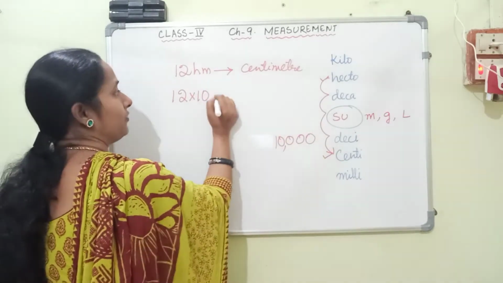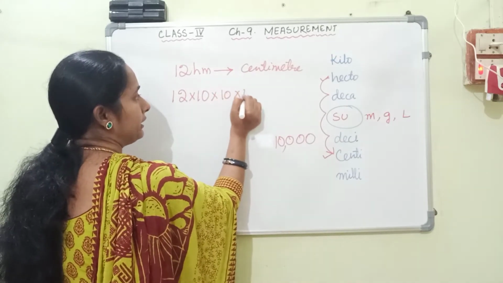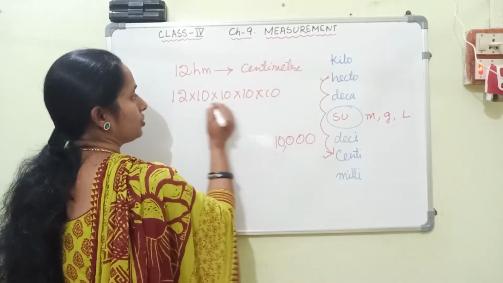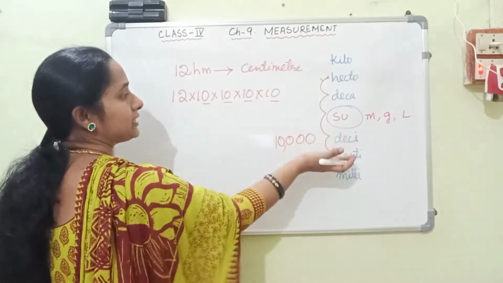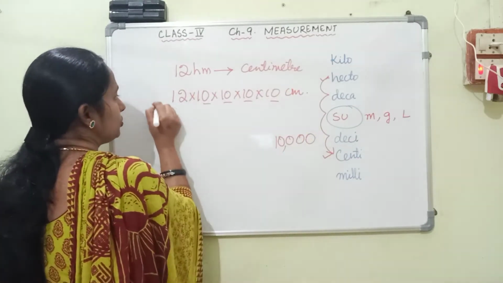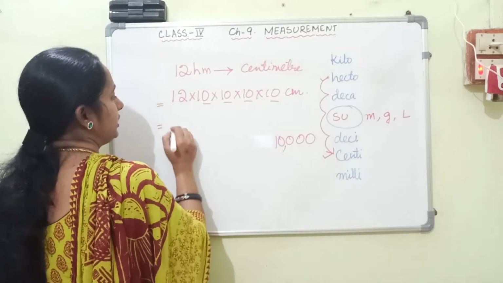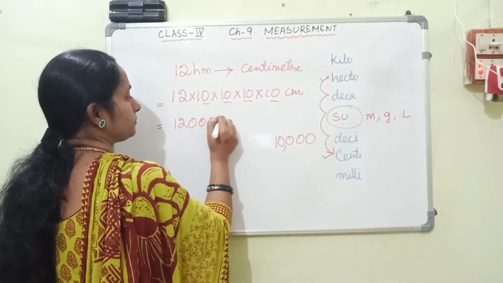So, 4 steps, 4 times I will multiply 10. So 1, 2, 3, 4. I have multiplied by 10 four times and my units now change from hecto to centimeter. Now you just multiply and write the product. That is 12 with 1, 2, 3, 4 zeros.